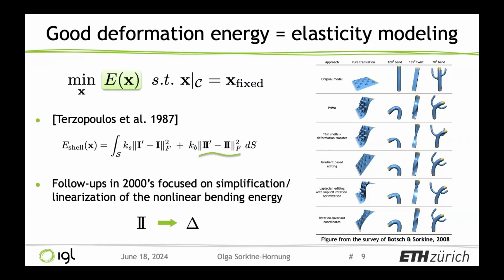So basically, in the early 2000s, people focused on how to simplify and make this energy tractable, and a special focus has been given to bending energies, because that's kind of the main part of elastic deformation. So people in particular, very early, Humboldt and colleagues proposed to replace the second fundamental form with a Laplace operator. Right, Laplacian is the sum of second derivatives.